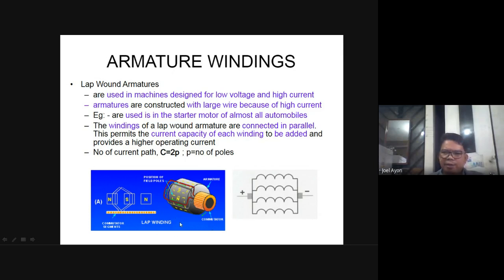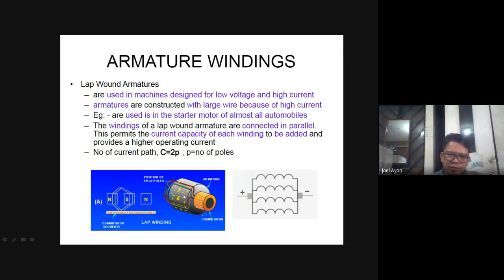So, it's very impractical to rewind because there are ready-made ones you can just buy. Rewinding will take time and is even more expensive compared to just buying a ready-made armature.